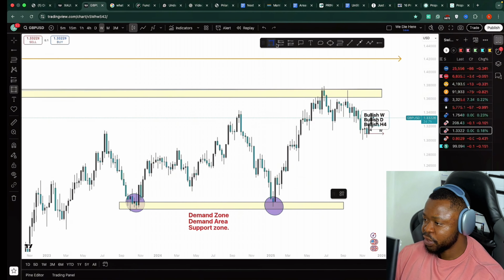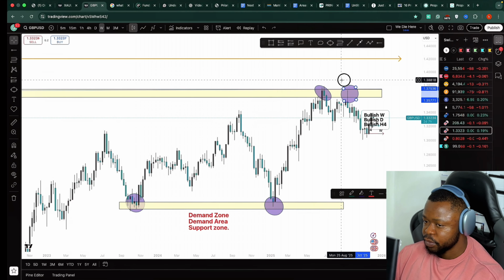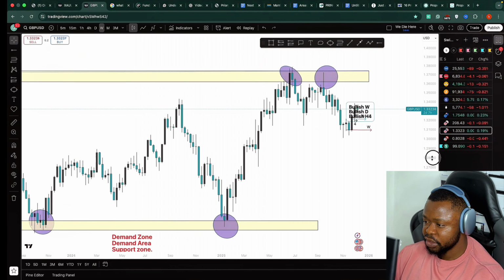You can see how price interacted here and also price interacted here with this week around here. So you can see if you are a seller on this day, you could make bank.